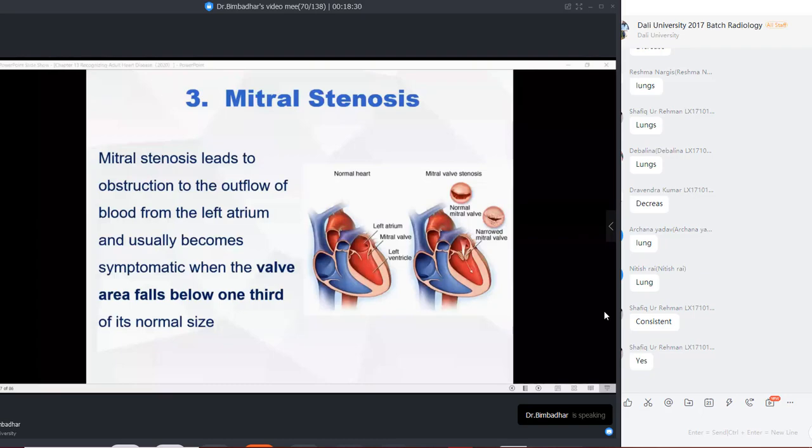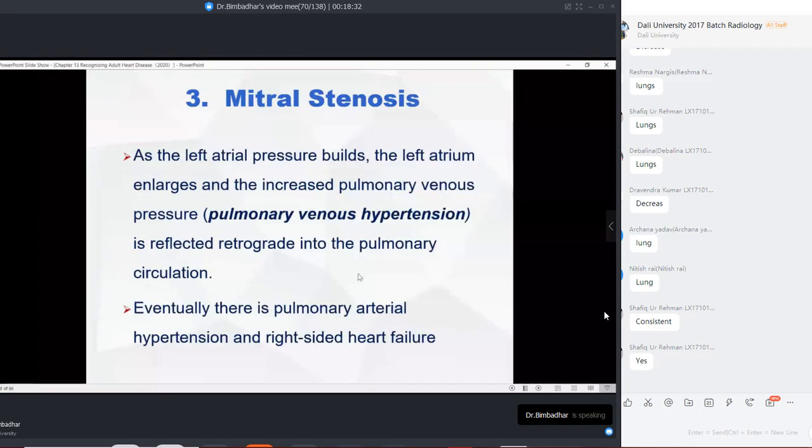Now, it will eventually cause increased pulmonary venous hypertension as well, which is happening because of the retrograde pulmonary circulation, because all the dependent areas are there. So that will eventually cause the pulmonary venous hypertension as well, right? More pooling of the blood, more capillary wedge pressure, so the blood leaving from the heart is reduced, and the blood entering the lung is the same.